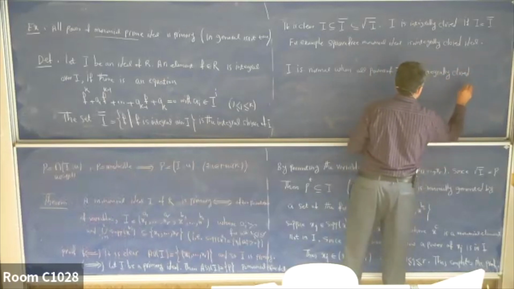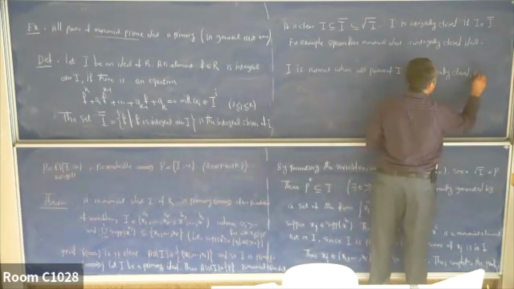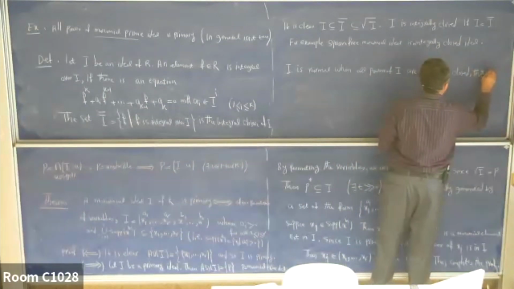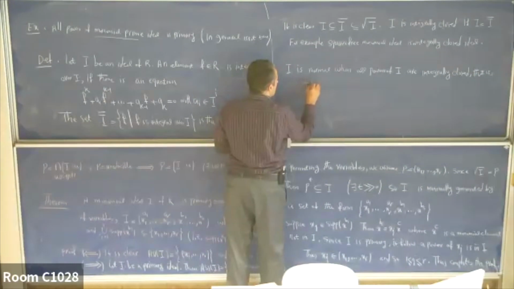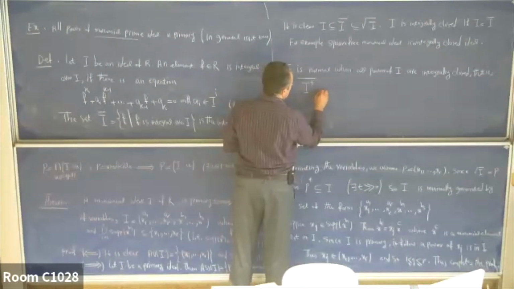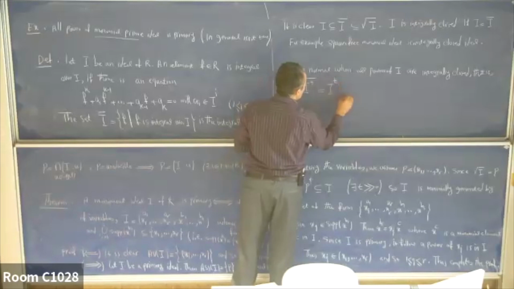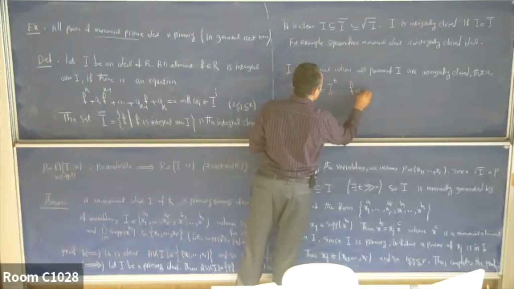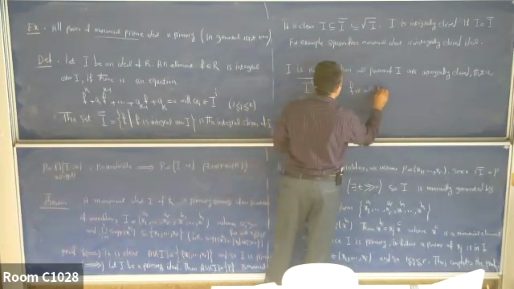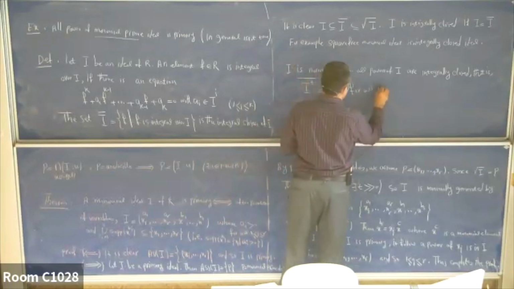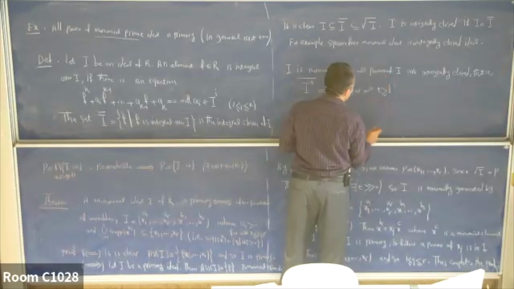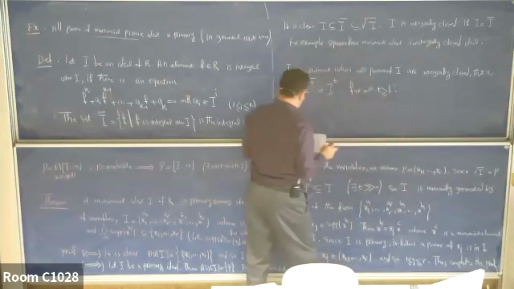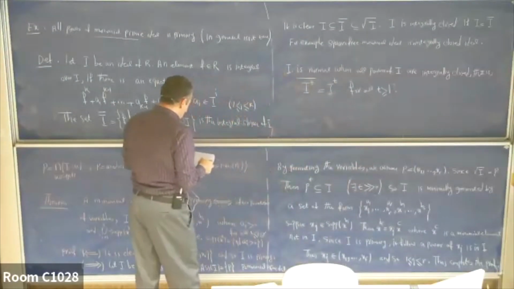That is, the integral closure of I^t is equal to I^t for all t bigger than or equal to 1.